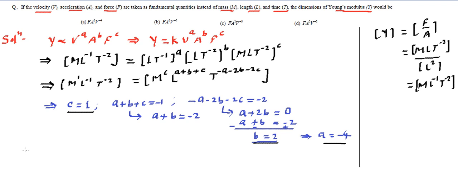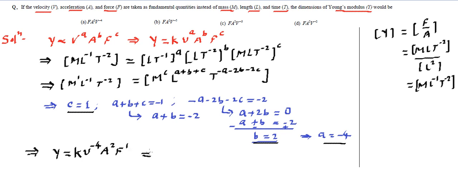So what will y be equal to? y is the Young's modulus. So this Young's modulus is going to be some k value, then v raised to power a, which is minus 4, then a raised to power b, which is 2, and f raised to power c, which is 1.